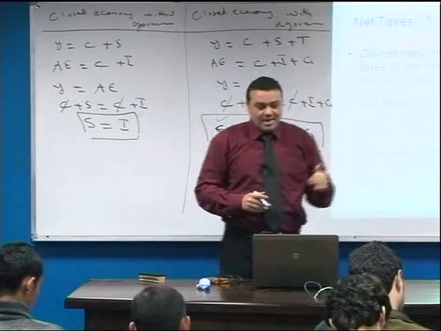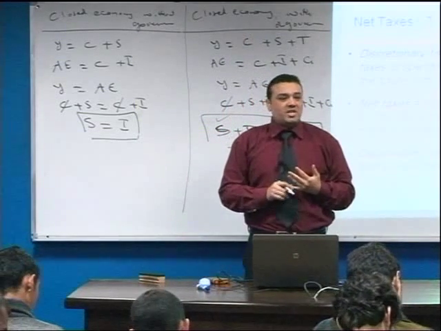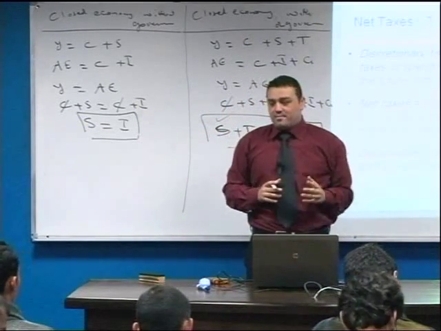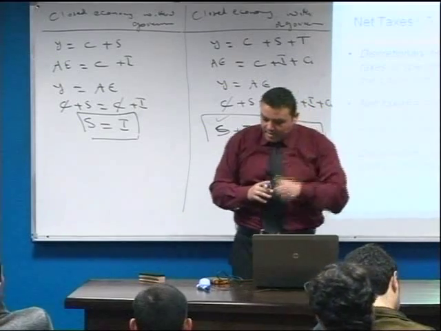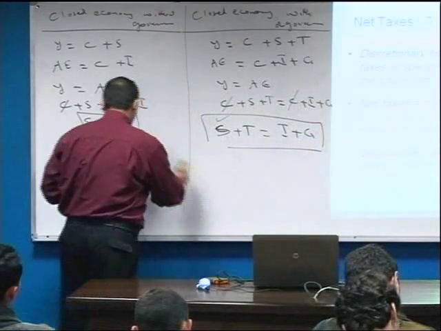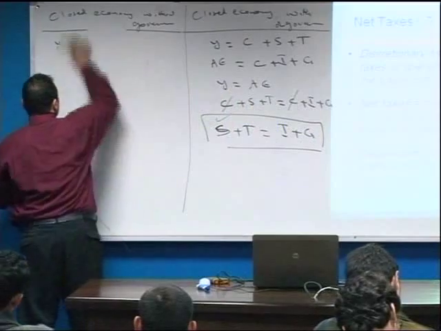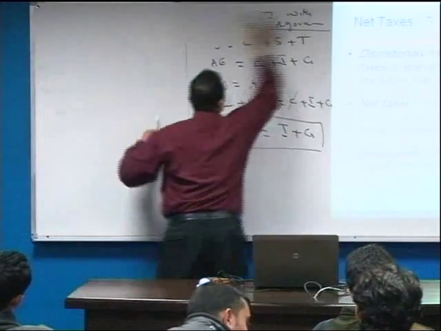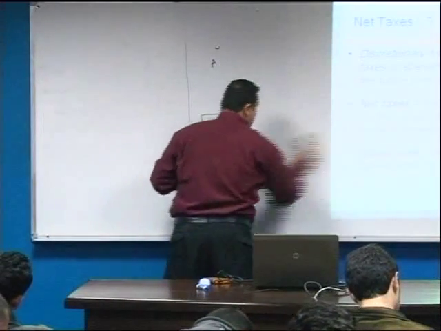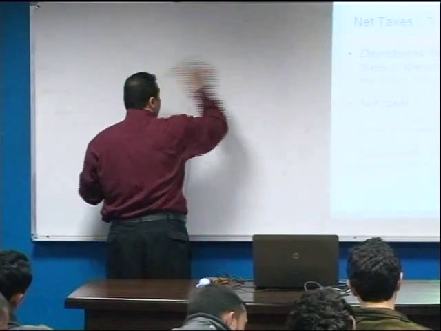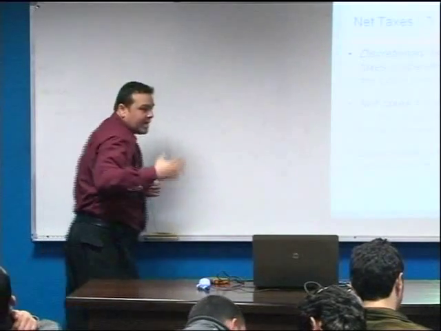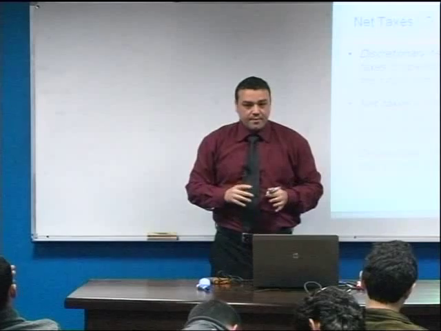Let's go to another issue, which is the disposable income. As we mentioned in this chapter, we will add the government as a part of the economy.